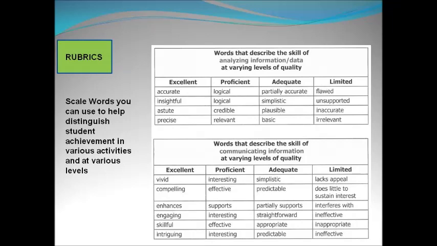But if you were to try to say, well, accurate for excellent, relevant for proficient, basic for adequate, and flawed for limited, you could see how these different scalar words don't necessarily map on or align with one another in the same way, right?